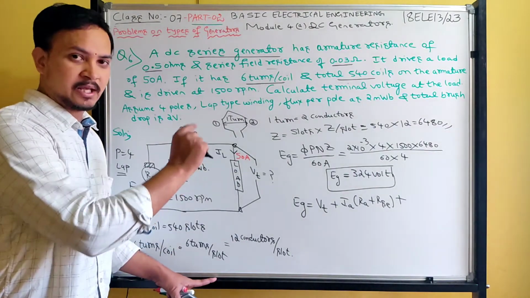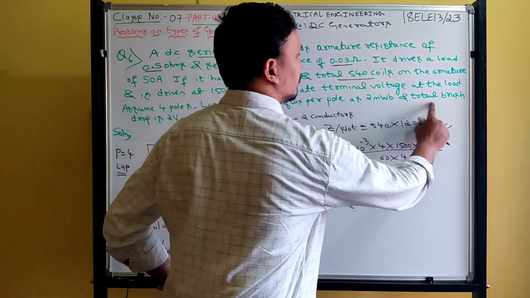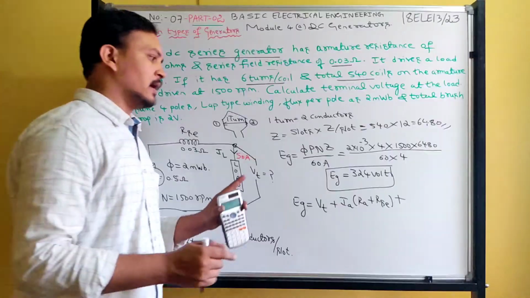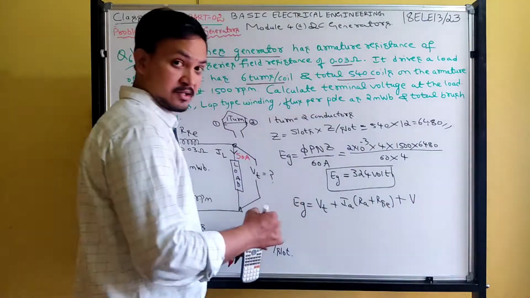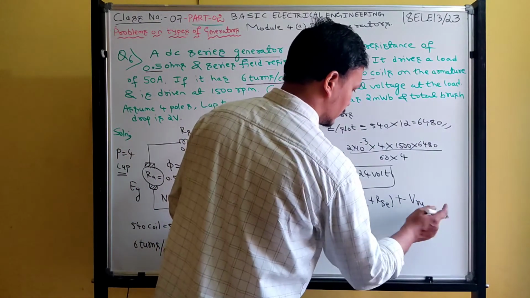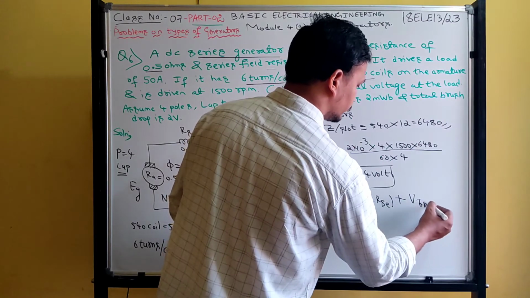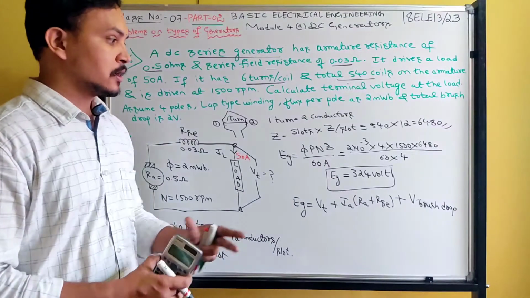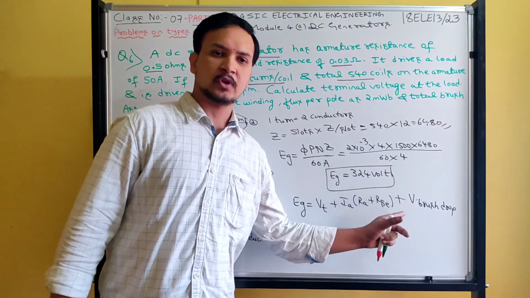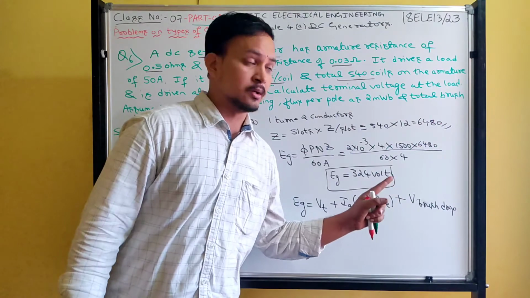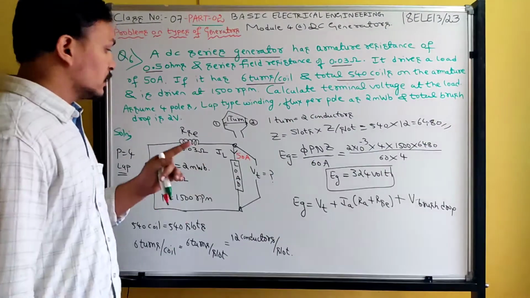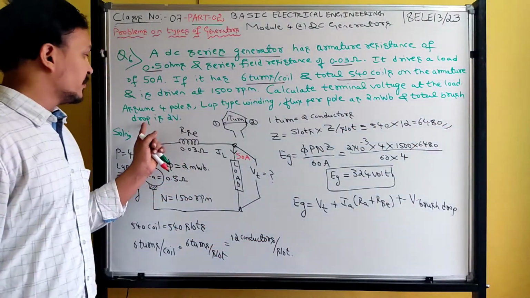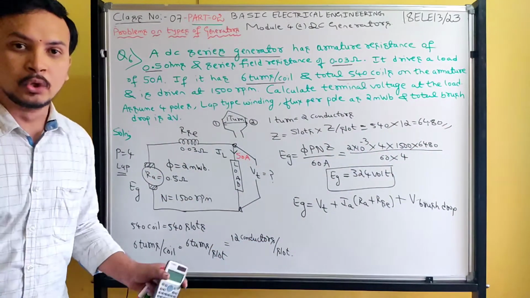Whenever they give brush drop, you add that in the voltage relation. This V brush drop indicates the total brush voltage drop in the machine. Observe the question, whether they gave voltage per brush or total brush drop. They gave the total brush drop, 2 volts.